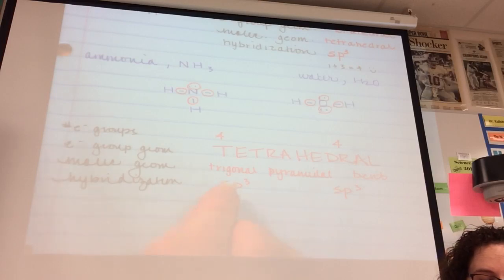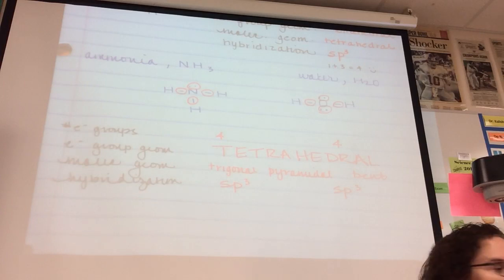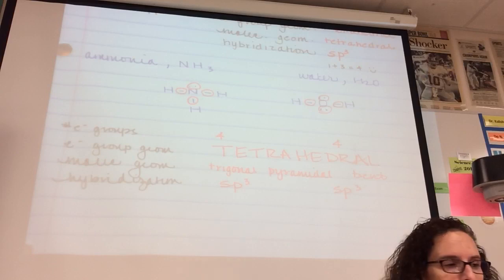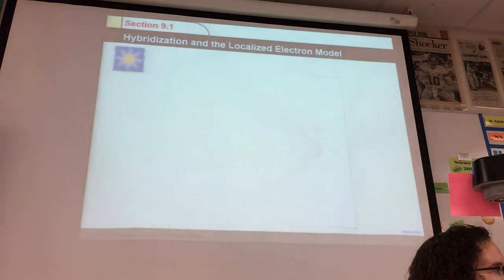You're just adding the superscript. So after the S is an imaginary 1, so it's 1 plus 3, which must equal the electron group number. You'll see in the other hybridizations that it's going to be different. Give it a chance and it will click. I promise. All right, so there's methane here on the screen, but you see it for others as well because there are other structures that have the same electron group geometry.